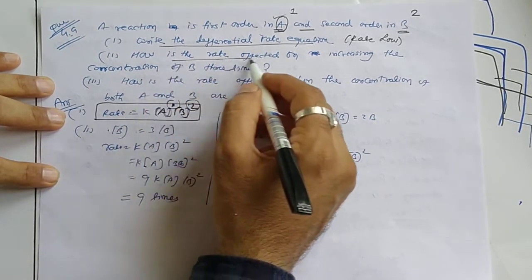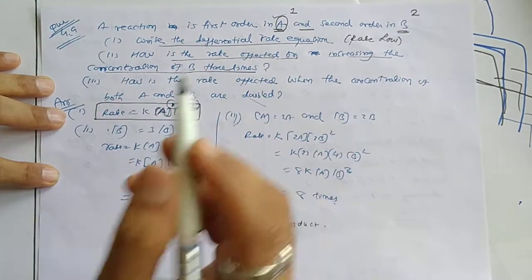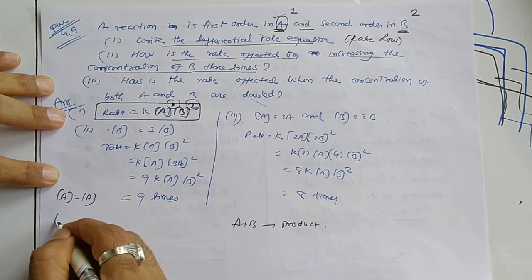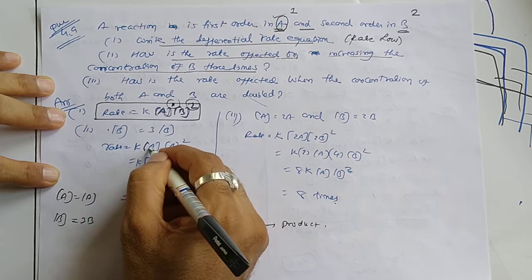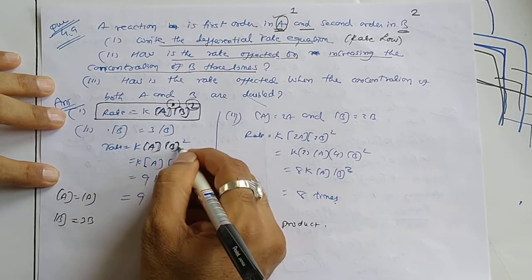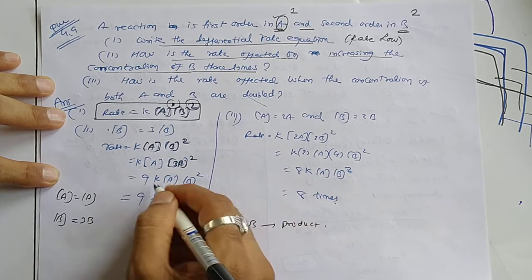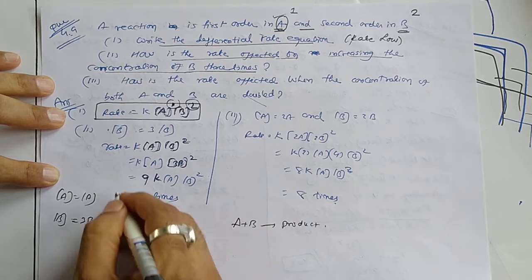Now, how is the rate affected on increasing the concentration of B 3 times? A remains as it is. We are increasing B 3 times. So A, and B is 3 times, so 3B raised to square. So here the square of 3 is 9, 9K A B square.